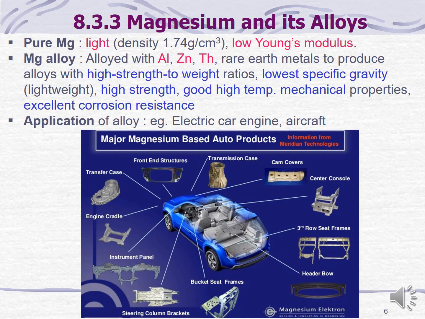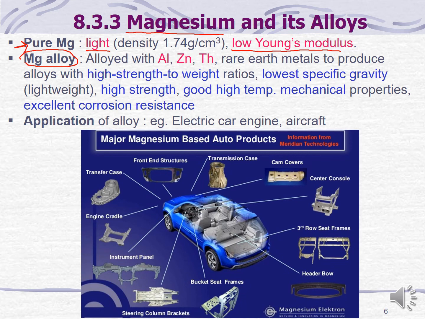Next, we move to magnesium and its alloys. Pure magnesium is very light and has a low Young's modulus. That's why scientists developed magnesium alloys in order to improve pure magnesium.